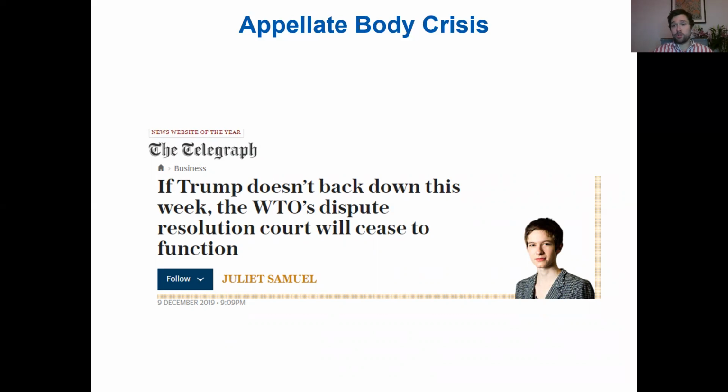It's only the appellate body that will actually cease to function. But Trump didn't back down. So now we do not have WTO appellate body functioning because there are no appellate body members appointed. And as for the appointment of the appellate body members, consensus is required. So in that sense, it will be not an easy way out.